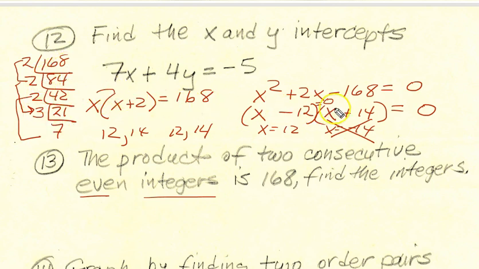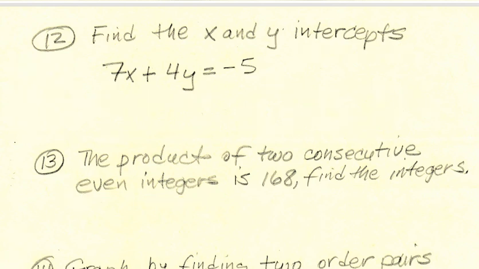Now, you might try other things, 2 even integers. You might say, well, 10 times 12, that's 120. And then you might brainstorm a little bit to get the factors. But this is a for sure method, and this technique is useful in a number of ways.